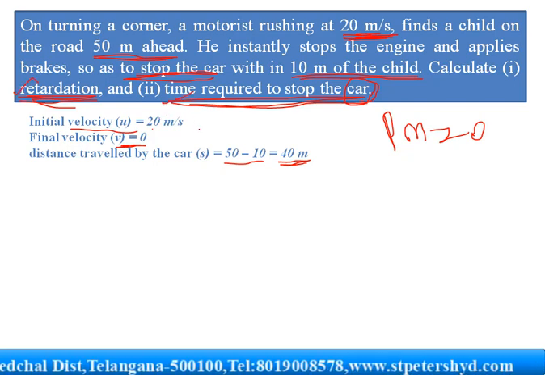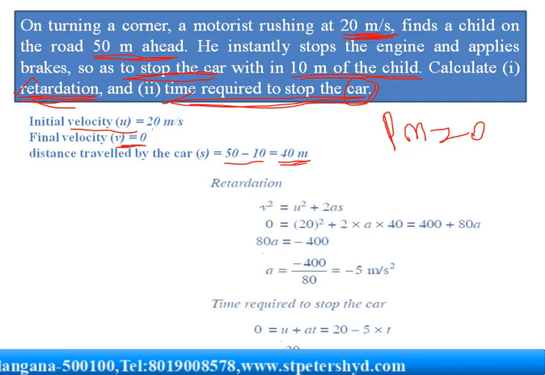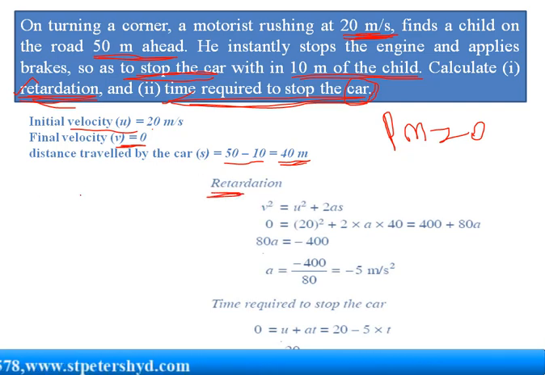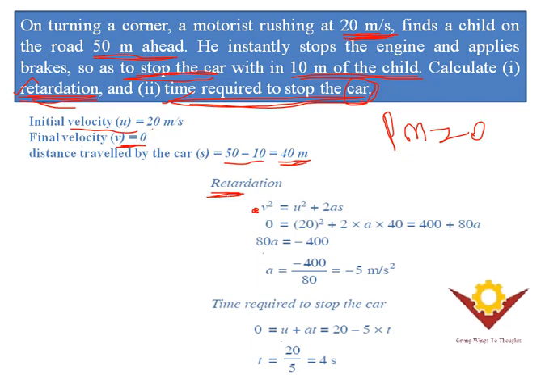First, we'll see the retardation. For retardation, we require acceleration. You will see why we directly took this formula. Here you have initial velocity, final velocity, and the distance, and what we require is acceleration, whether it is retardation or acceleration.